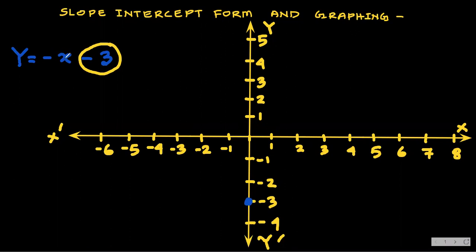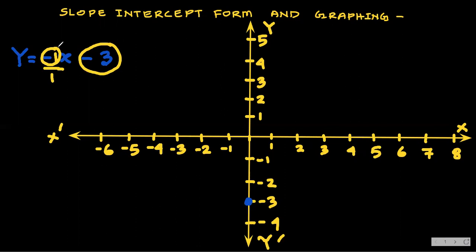Then see it's -x. Negative x means -1x actually. And -1x means we can write -1 as -1 over 1, because it will be the same number, -1, right? Now, -1 is the numerator, which represents how much we need to go up or down.